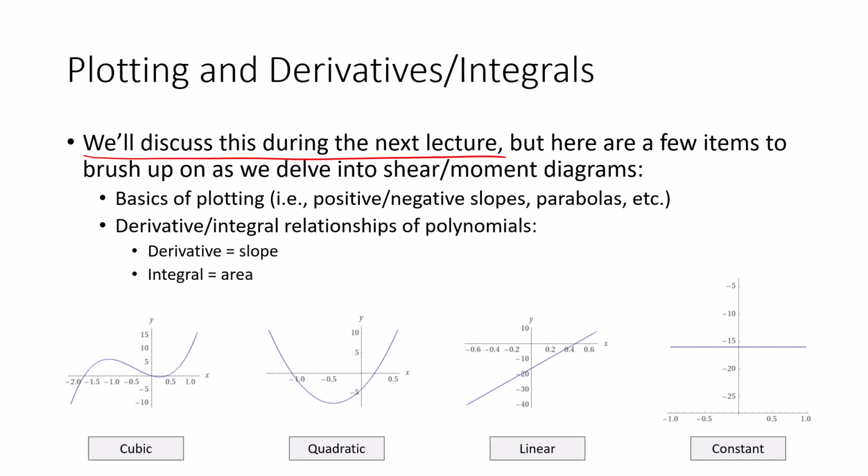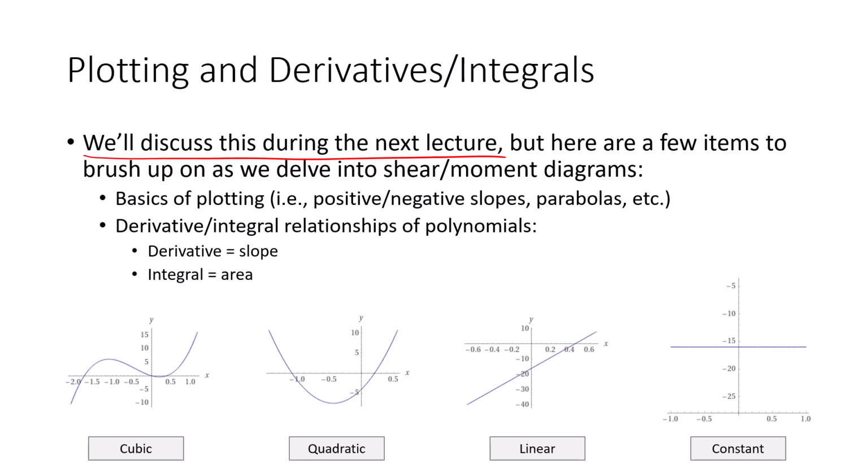For instance, if I have a cubic function, like x to the third, and I take the derivative, I'm going to get a quadratic function. What's the derivative of x to the third? 3x squared. There you go. So if I take a cubic function and differentiate it, I get a parabola. Now what happens if I differentiate 3x squared? 6x.